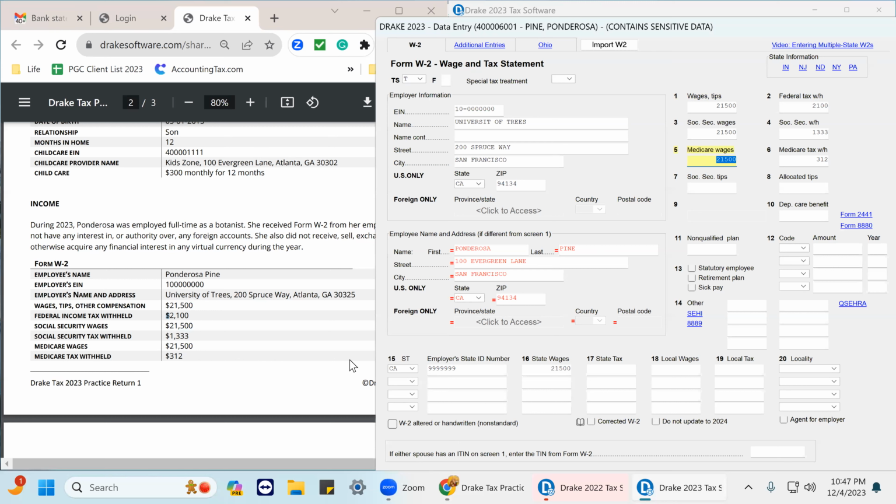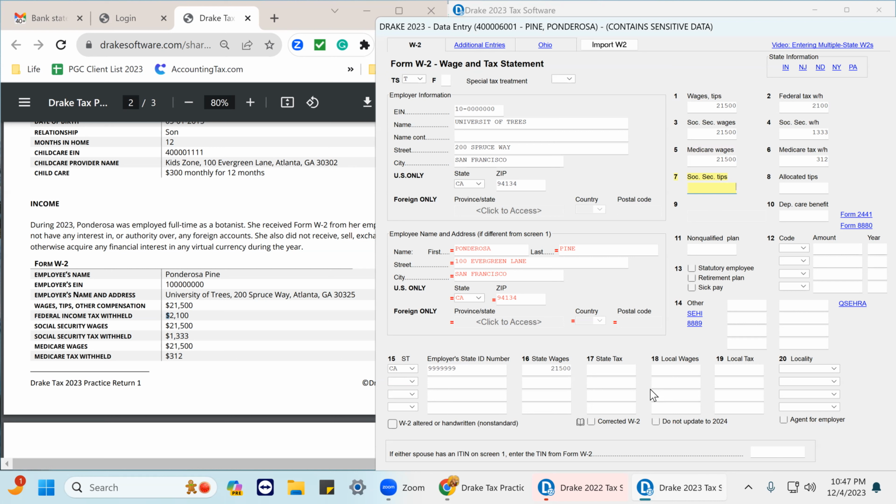Box 4 automatically pops out with this number by percentage. You don't need to input it. If you see box 4 or 6 is different from the number there, more likely box 3 and box 5 need to be overridden to match the right number. Sometimes box 7 has tips, especially when people work for a restaurant.